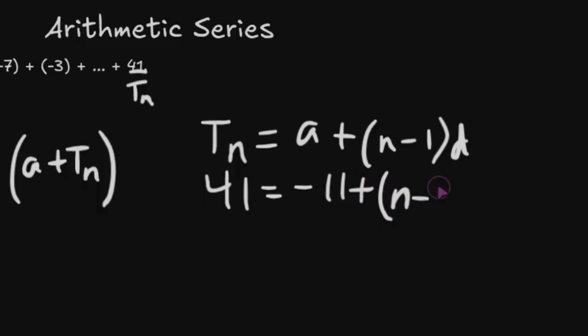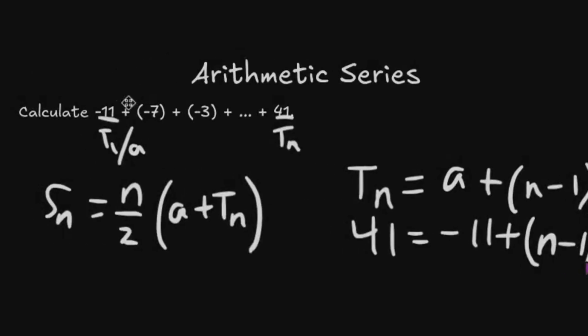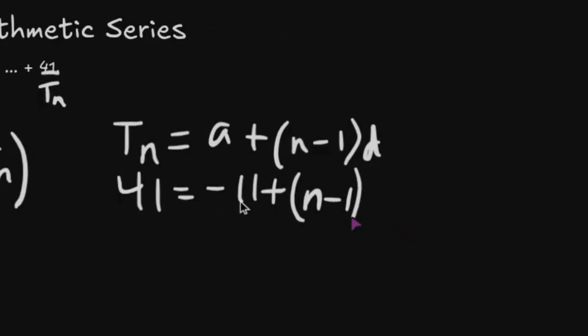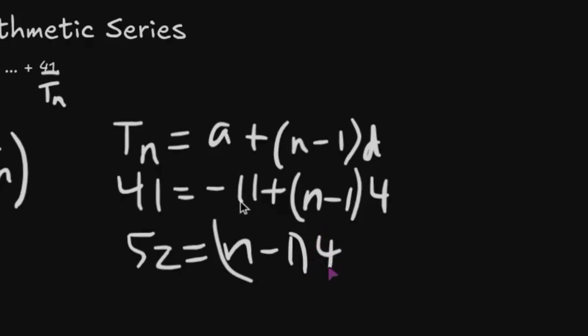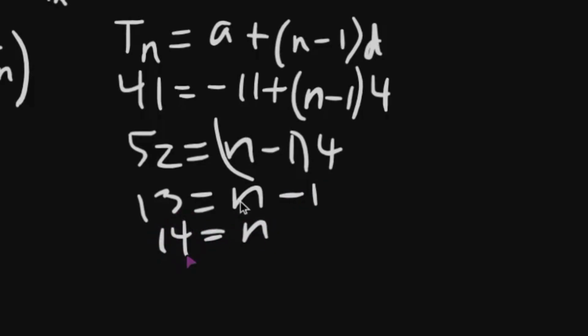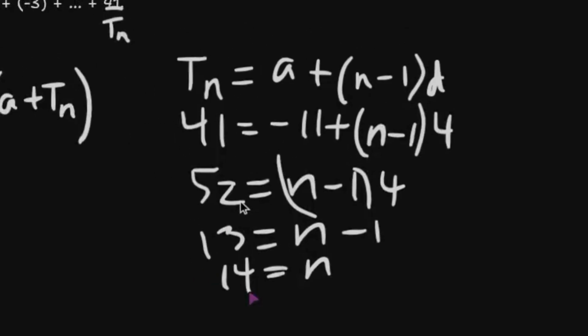The difference is minus 7 minus the negative of 11, so it will be 4. If we add 11 to both sides, we'll get 52 equals n minus 1 times 4. Divide both sides by 4 to get 13 equals n minus 1. Therefore, n equals 14. There are 14 terms in the sequence.